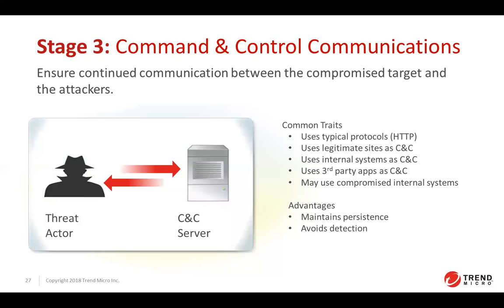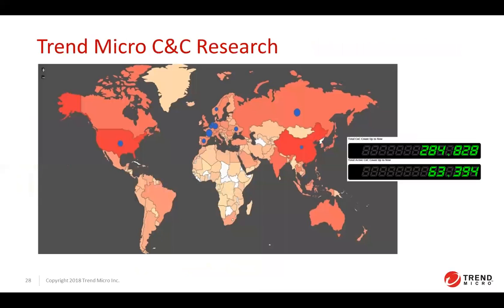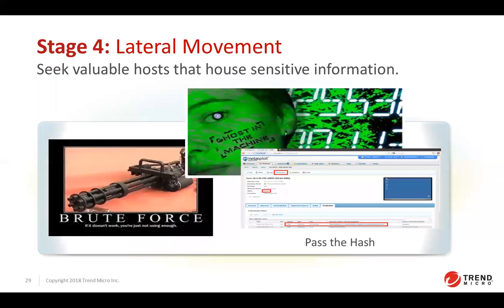But this really is where they can maintain persistence inside an organization. Trend Micro has command and control research. We specifically look for command and control servers out there. We look at who's getting attacked, who has been attacked, and who is connecting to those command and control servers. That helps us identify, and organizations that implement this through our web reputation technology can identify if they've been breached by just identifying command and control.